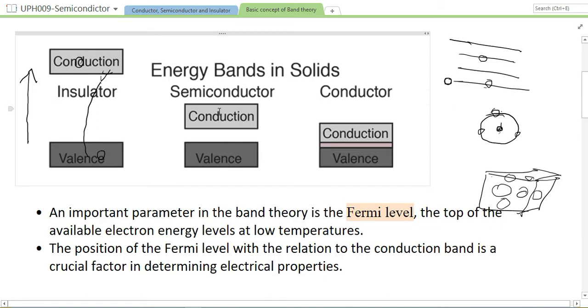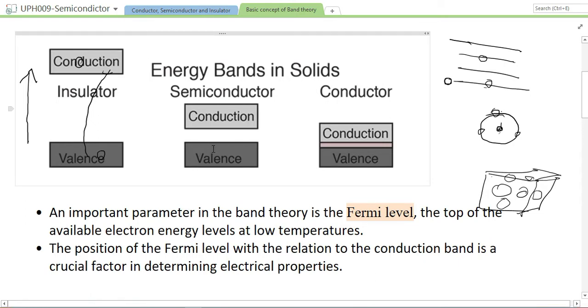So a semiconductor at 0 degree Kelvin cannot conduct any electricity. But if you raise the temperature, then it can conduct, because some of the electrons can go from the valence band to the conduction band, and those electrons are then available for conducting the current. Another way to do it is to dope the material with some impurities.